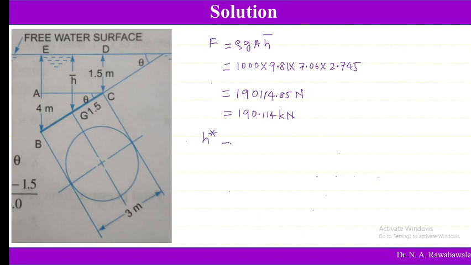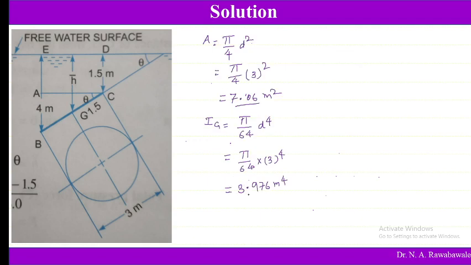the center of pressure H star is equal to Ig sin square theta divided by A h bar, plus h bar. So now we know the Ig value, which we obtained just now.